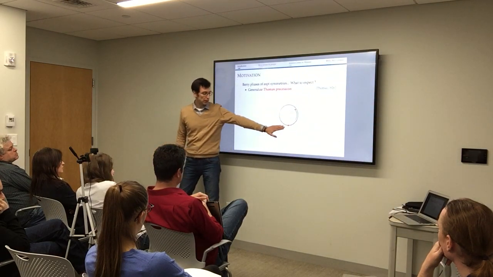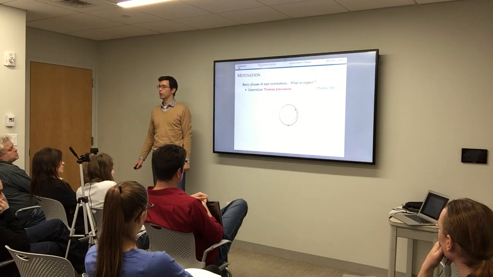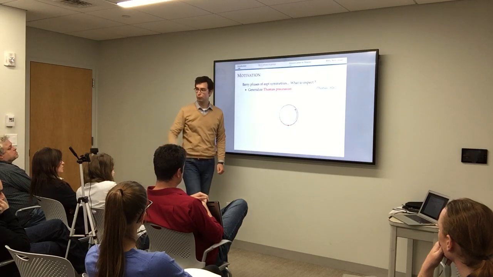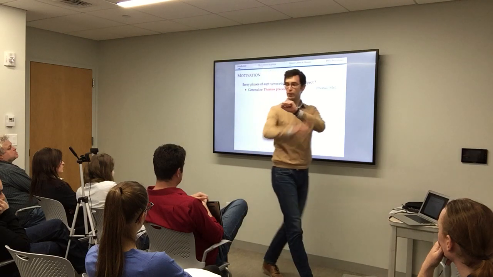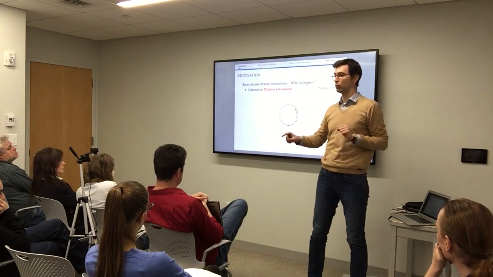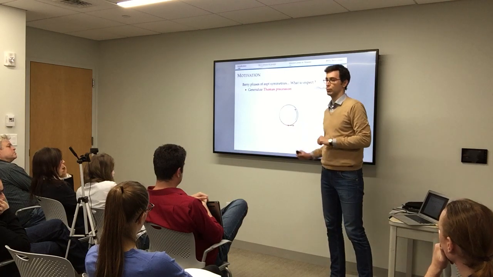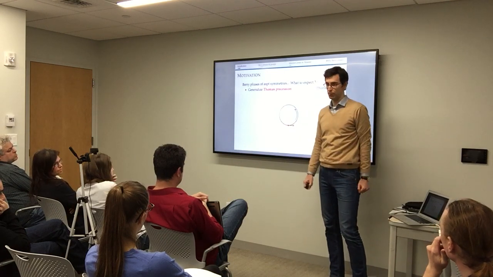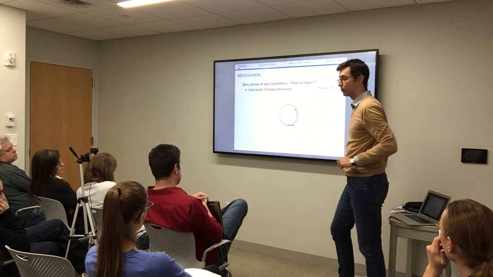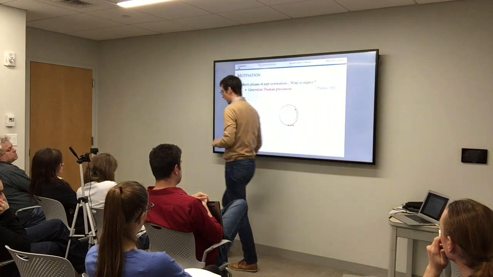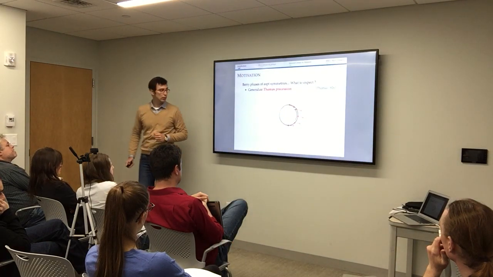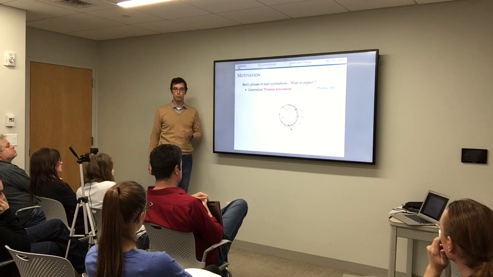Suppose that you have a particle represented here by the red dots, and suppose that this particle follows a circular trajectory. For example, think of an electron which is orbiting around an atomic nucleus. Suppose also that the particle has spin, which is represented here by this red arrow. Then, what Thomas showed back in the 20s is that as the particle orbits around the nucleus, its spin vector precesses.